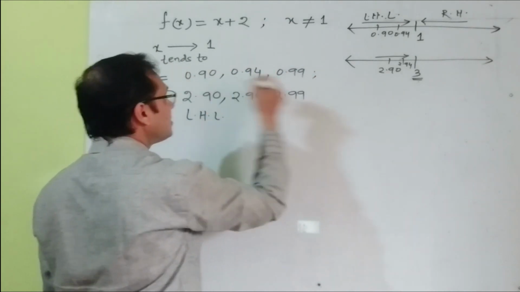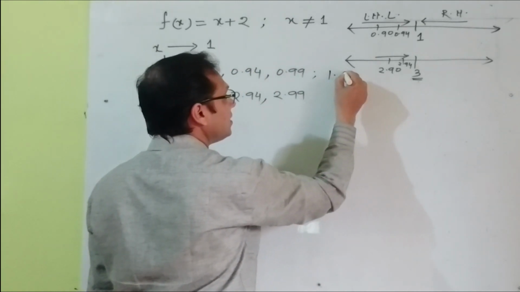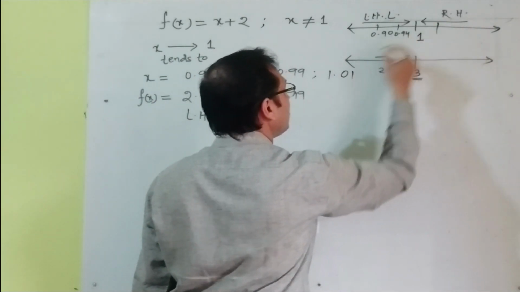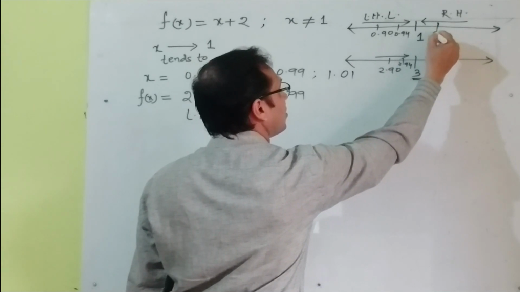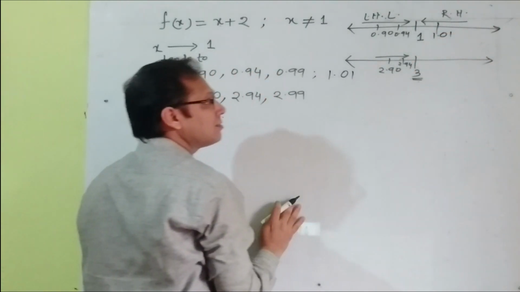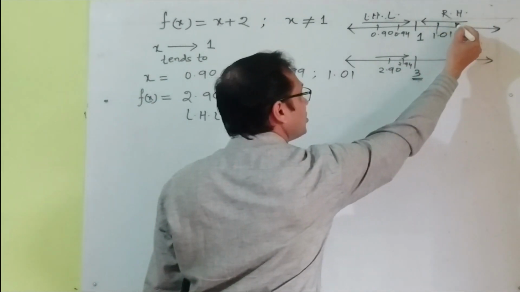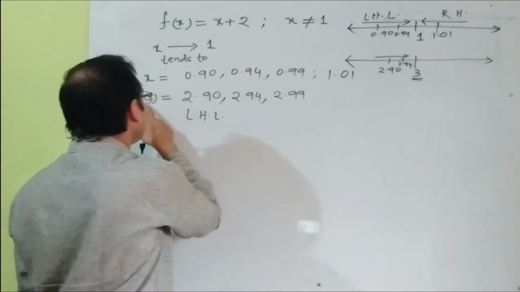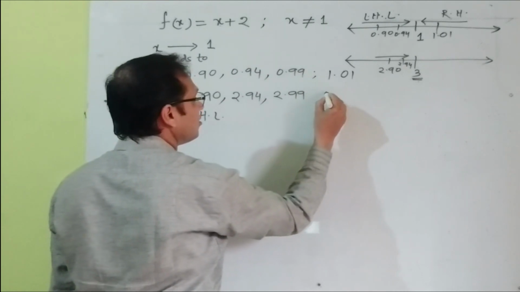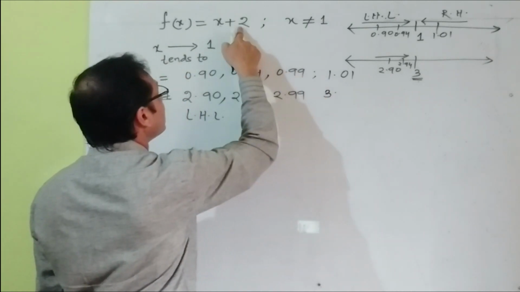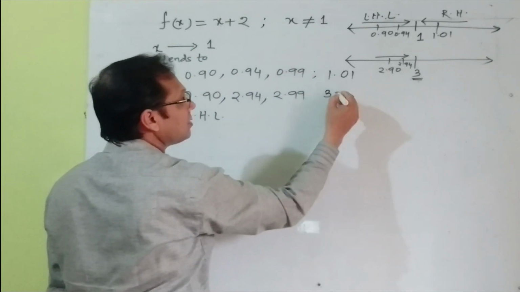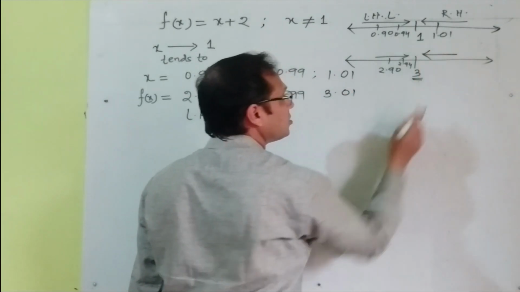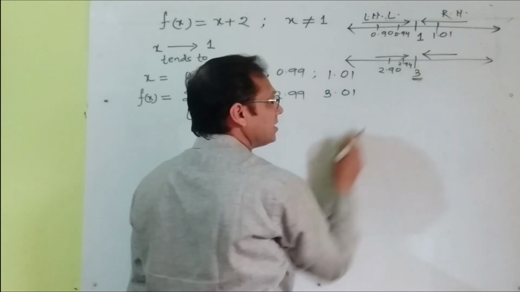If you take x as 1.01, here the value of x approaches 1 from the right hand side of 1. Then f(x) is 2 plus 1.01, that is 3.01. So the value of f(x) approaches 3 from the right hand side of 3.